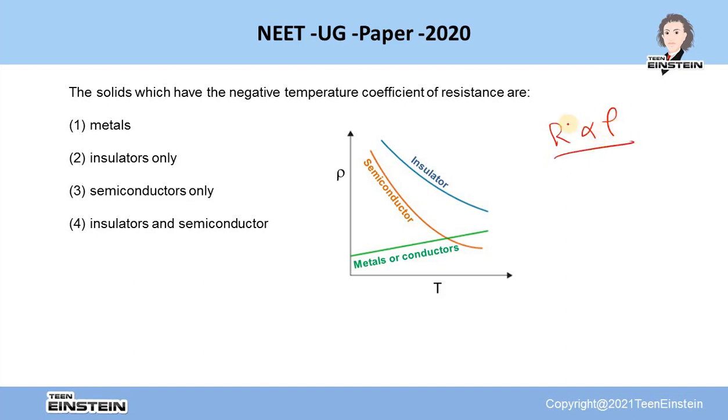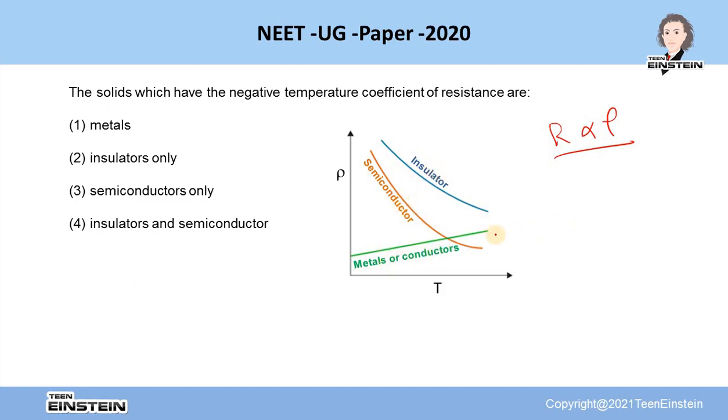So the temperature variation of resistance will follow the nature of the temperature variation of resistivity rho. You look here, there are three curves for three different types of materials like conductors, semiconductors and insulators.